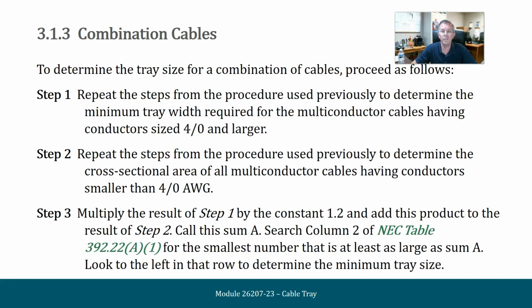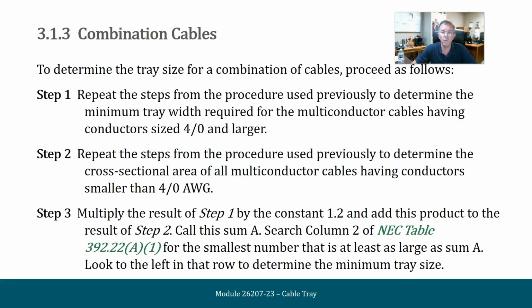To determine the tray size for a combination of cables, proceed as follows. Step 1. Repeat the steps from the procedure previously used to determine the minimum tray width required for the multi-conductor cables having conductor size 4/0 and larger. Step 2. Repeat the steps from the procedure used previously to determine the cross-sectional area of all multi-conductor cables having conductors smaller than 4/0 AWG.